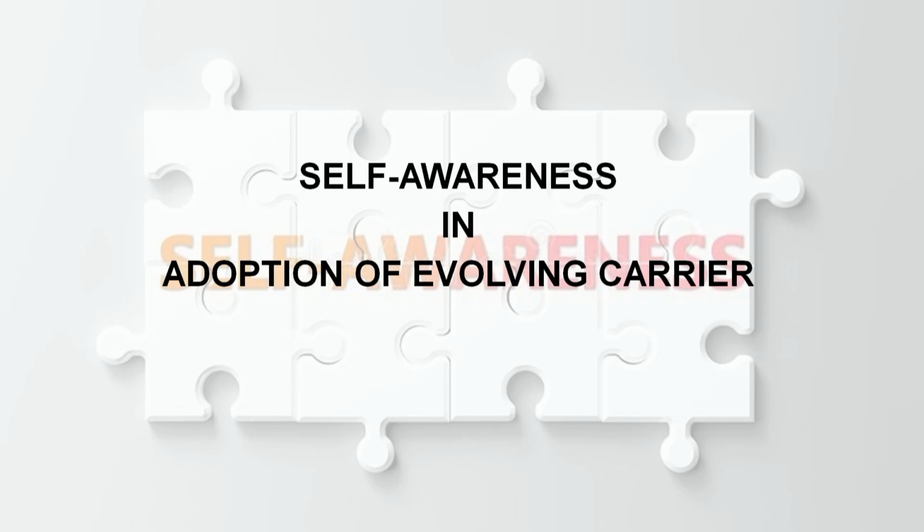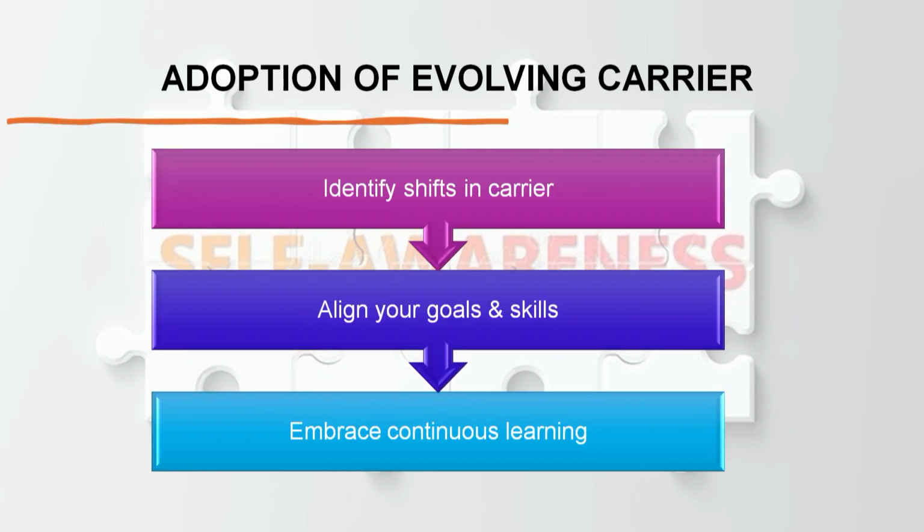Graduates with high self-awareness are better equipped at recognizing shifts in their career goals and interests, and career transitions are very important. Since they are continuously learning, they are able to take a proactive interest in their career requirements.